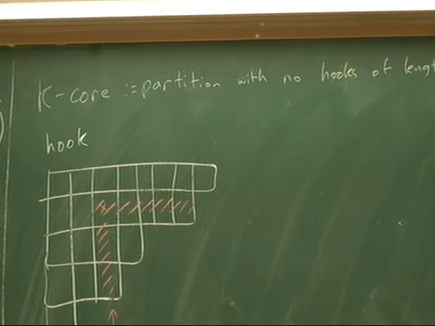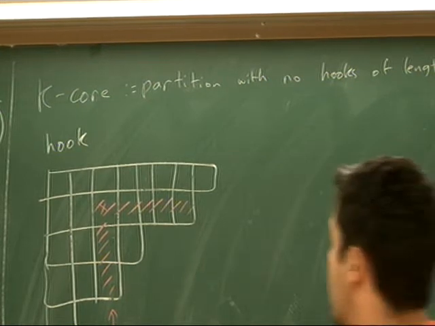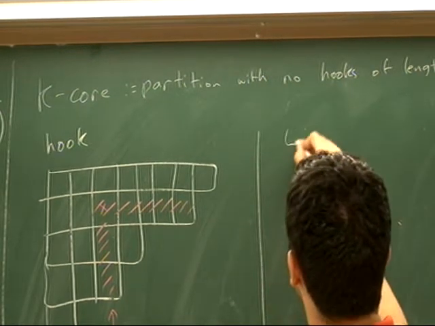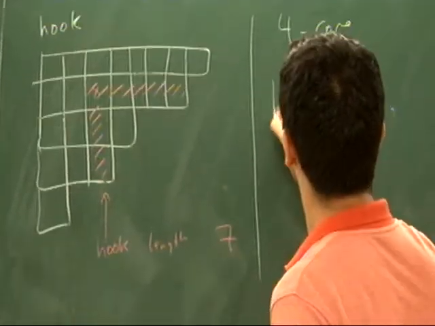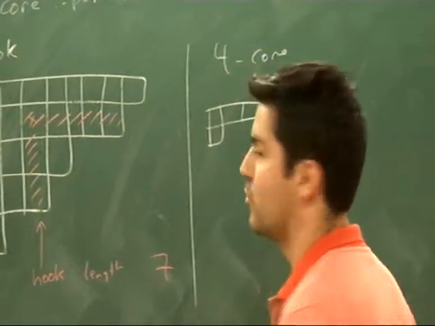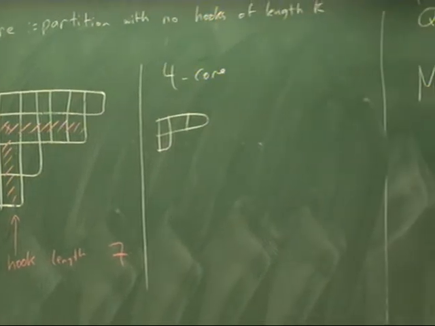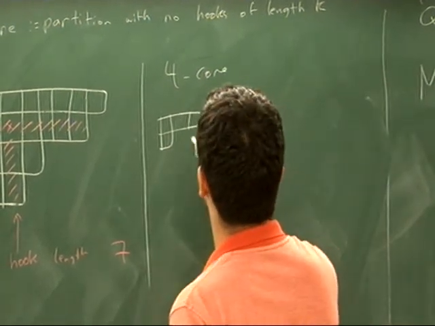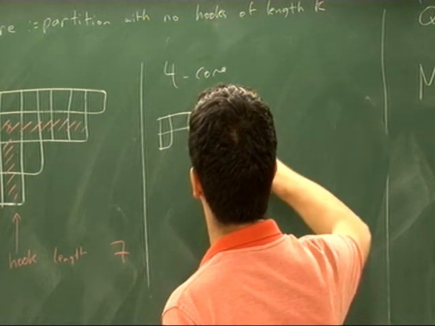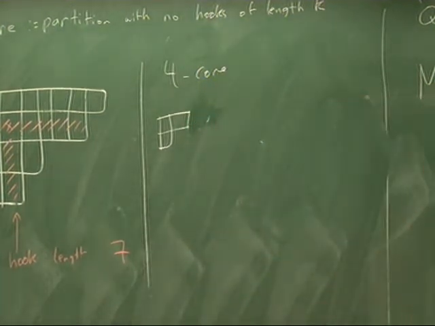Okay, so let's try to imagine, for example, what's a 4 hook? What's a 4 core? Is that a 4 core? No, because there's a 4 hook, right? What about this? That's a 4 core, right?